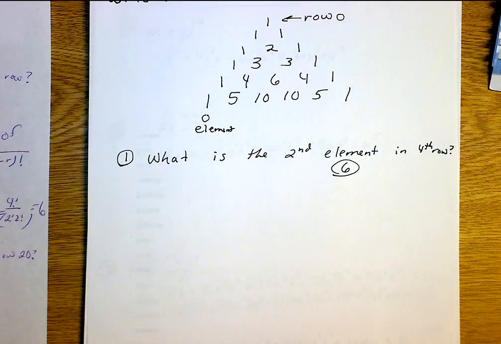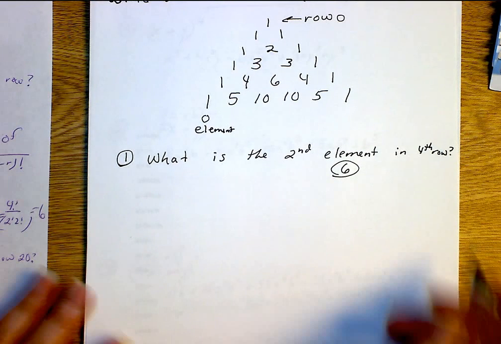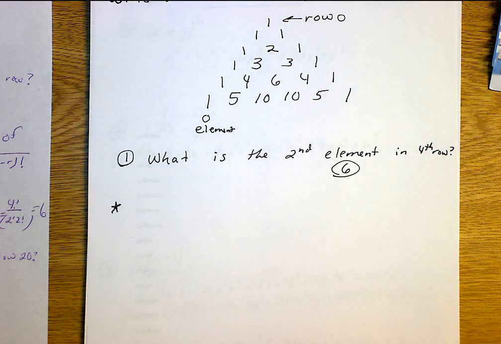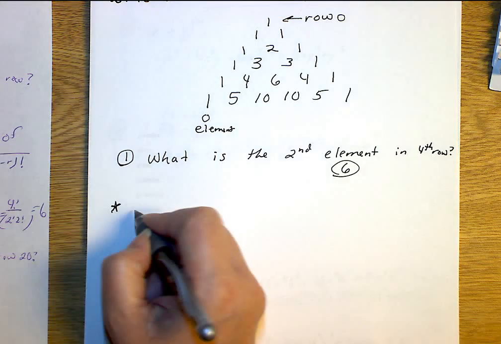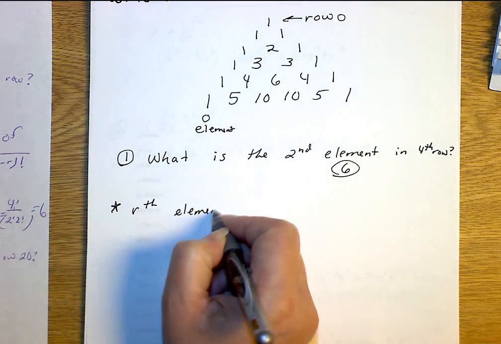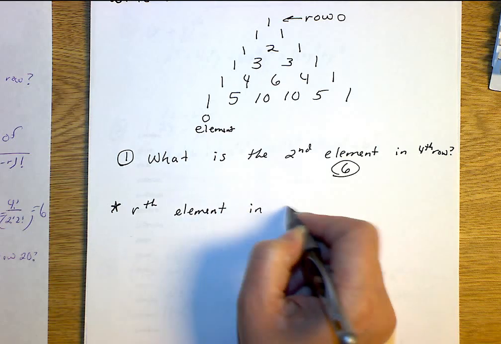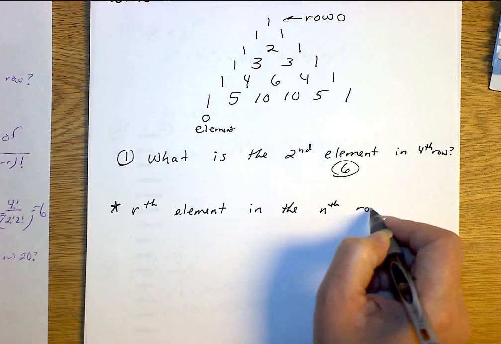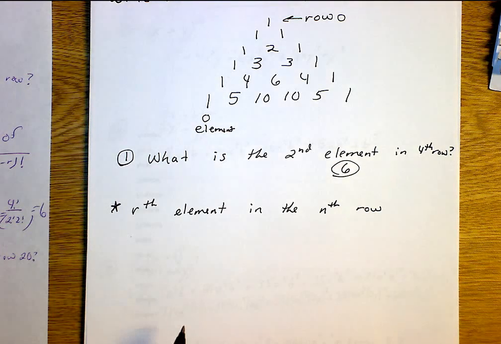The last thing that we have to learn is how you can find the rth element in the nth row of Pascal's triangle.